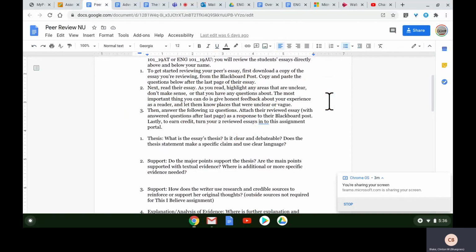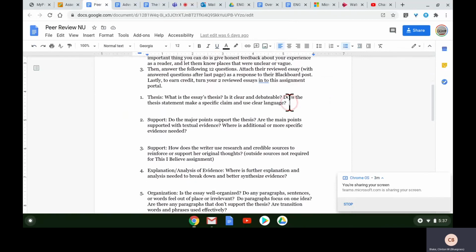As the writer, the writer knows how they intended their ideas to appear, but a lot of times all of us, we don't get down on paper what we intended. So our ideas aren't clear. So a peer reviewer is so helpful because they're just given their experience of the essay as a reader. So that's the most important thing you can do.